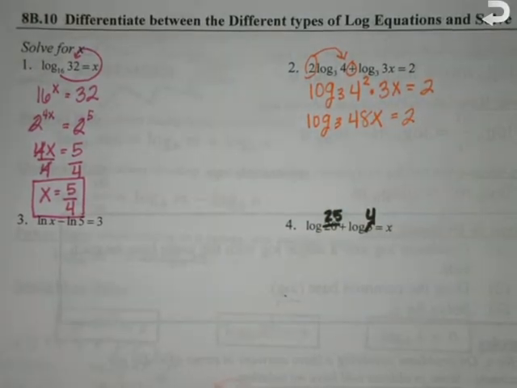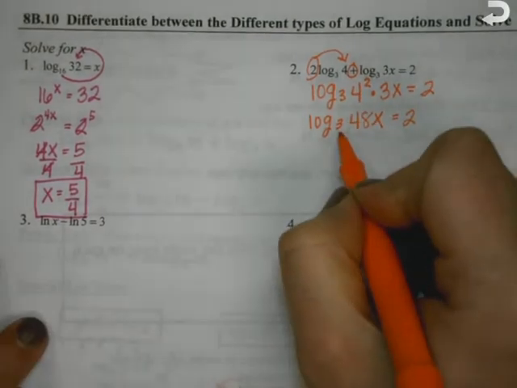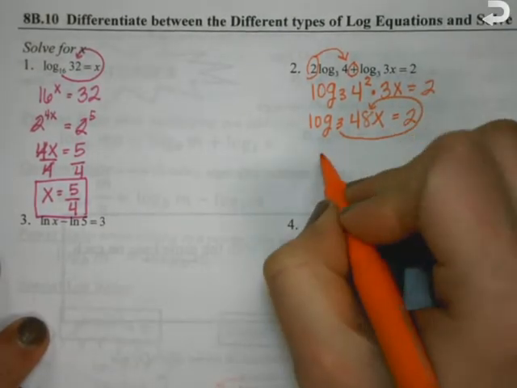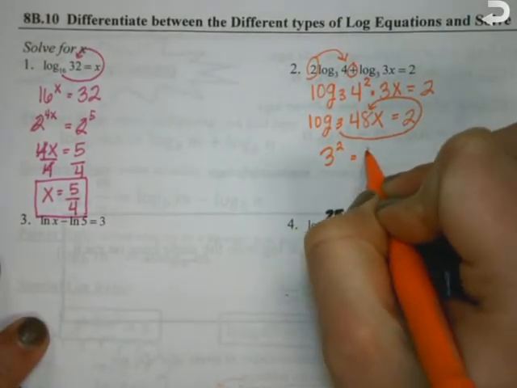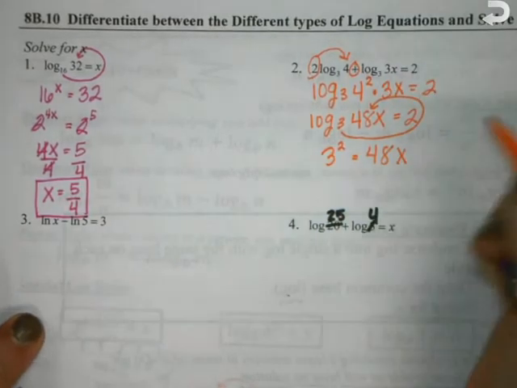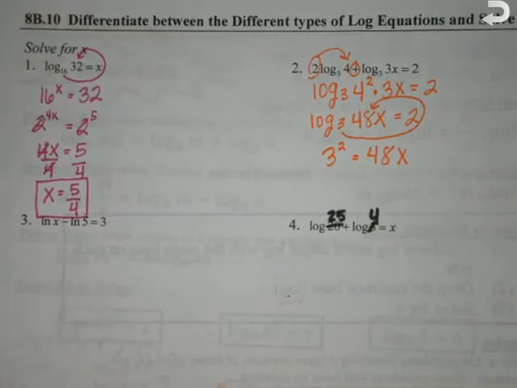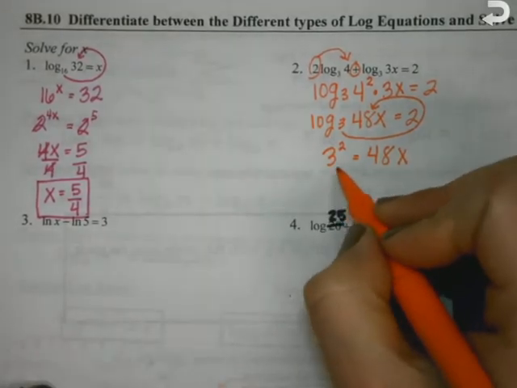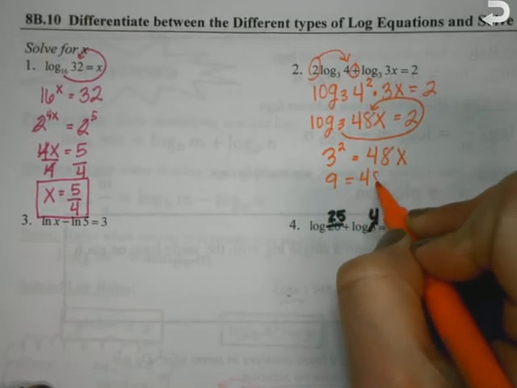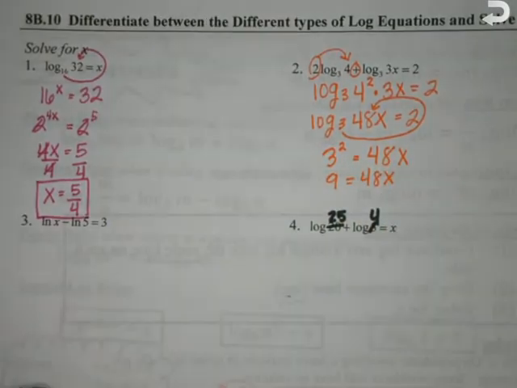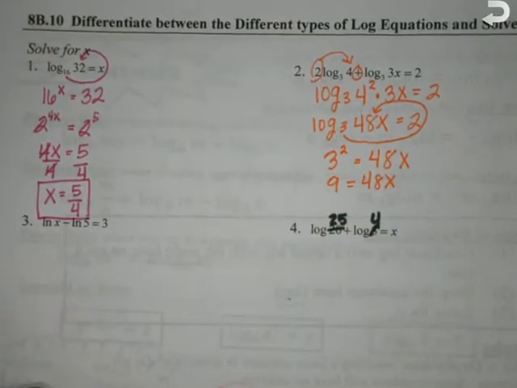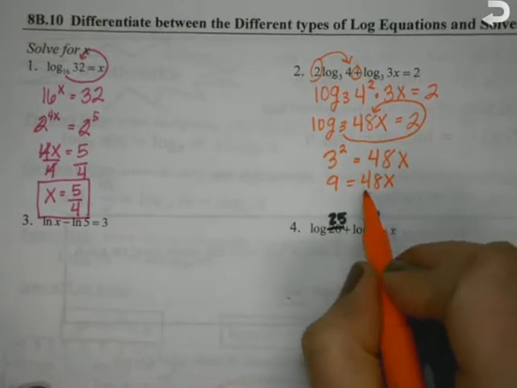Good. So now we're going to go up and around. So 3 to the second equals 48x. So 9 equals 48x. And what do I do to solve for x? Divide both sides by 48.